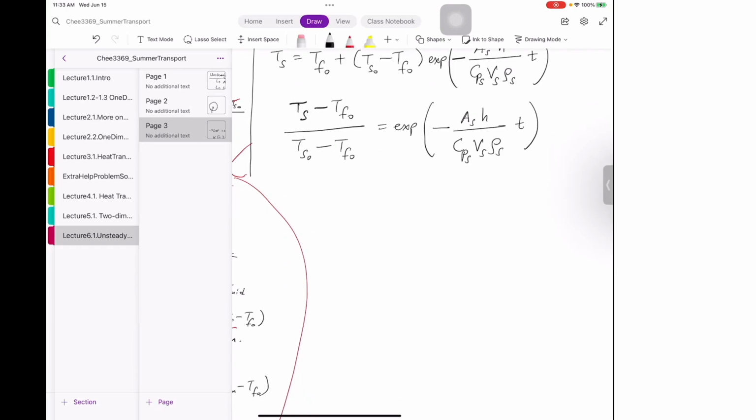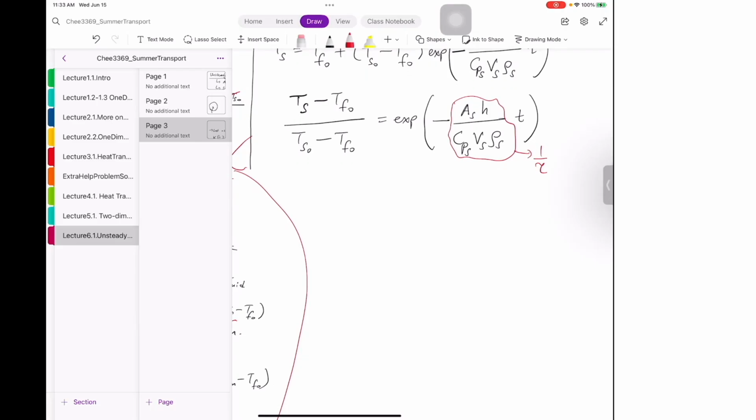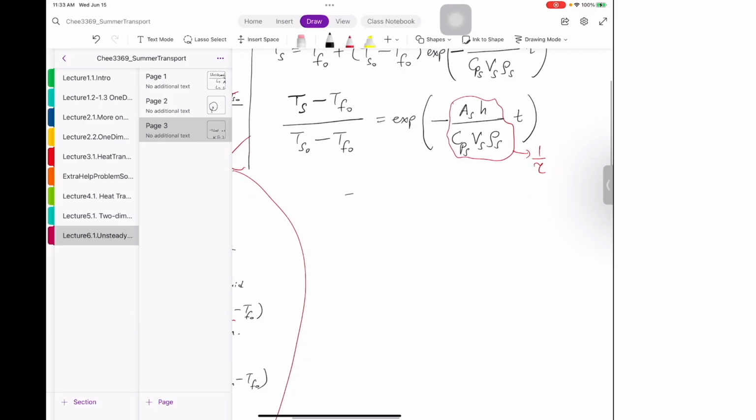And you can even simplify this further by calling this thing 1 over tau, because I know that quantity has inverse time units. So let me come up with some characteristic time tau and call that 1 over tau. And the equation is Ts minus Tf0 divided by Ts0 minus Tf0 is equal to exponential minus t over tau.